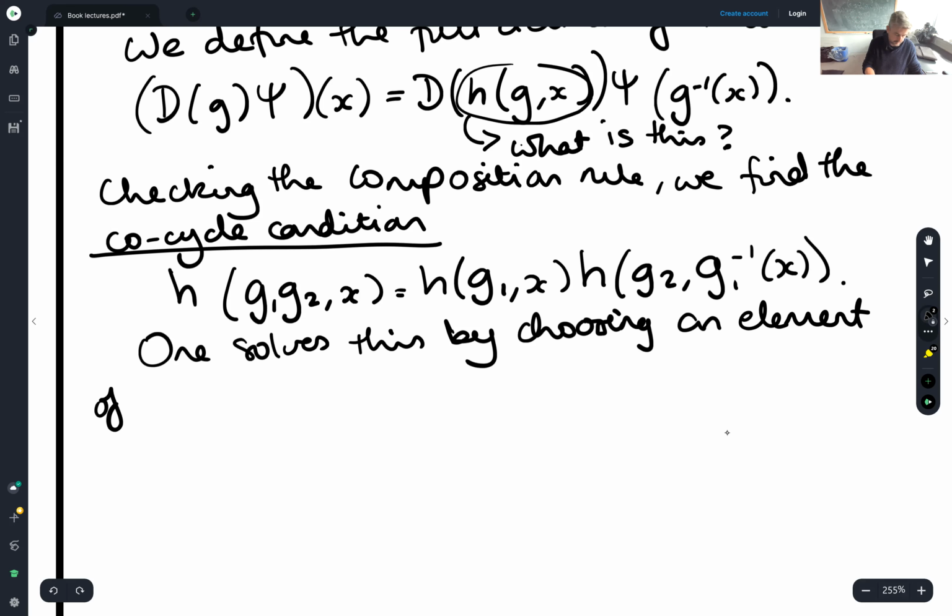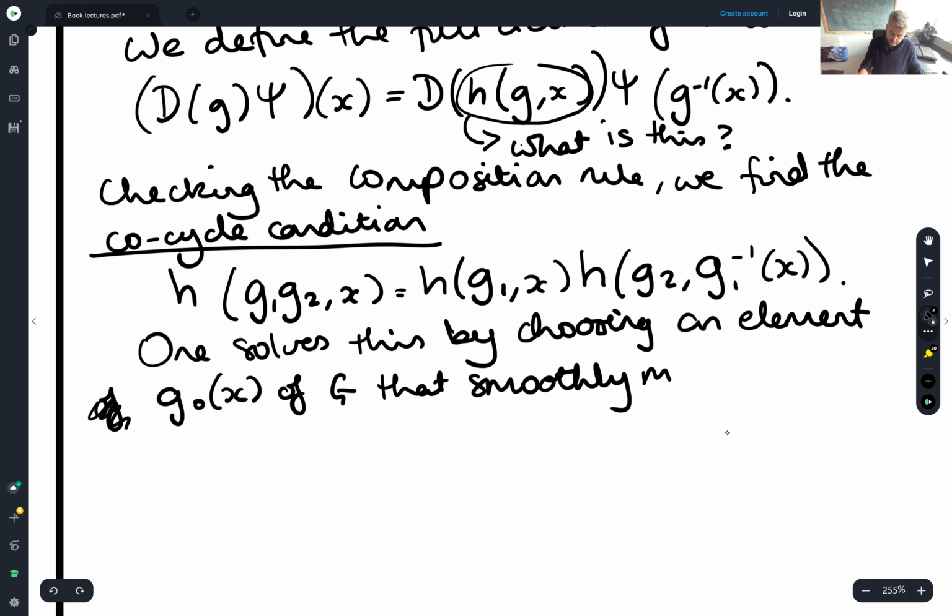So a specific element of G, let's call it g0 of x. So g0 is the specific element that smoothly maps x to x0. Note that this exists if the action of the group is transitive.